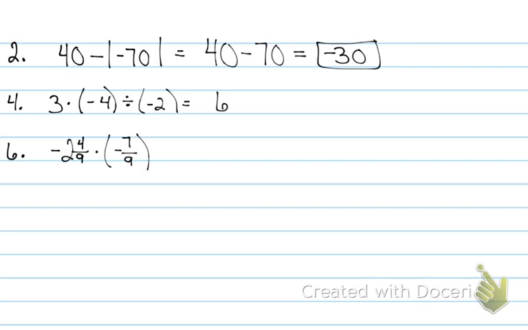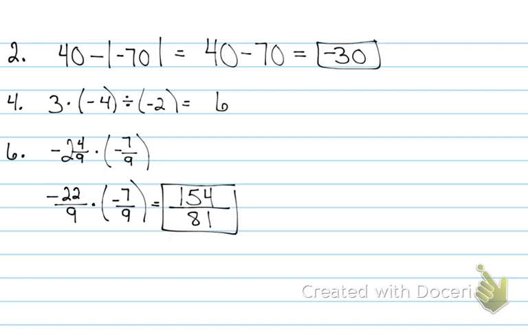I simply multiply the numbers. 2 times 9 plus 4 is what? 22 over 9. And now I bring down my negative. Unfortunately, I cannot cross-reduce anything. So I just multiply it straight across, and I do want to double check that it cannot be reduced, but you can leave it improper. Any questions on 2 through 6?